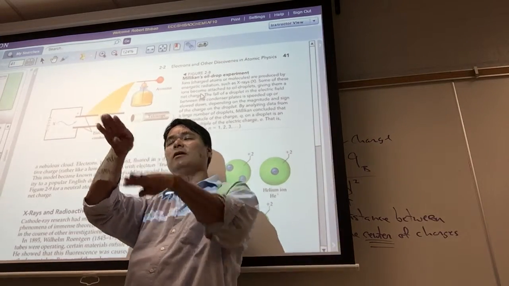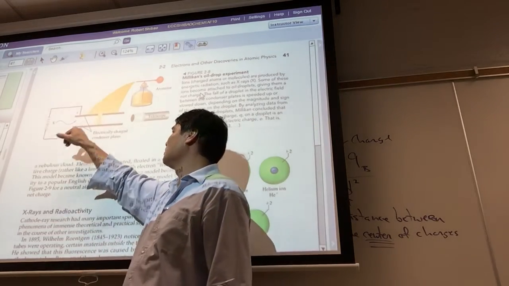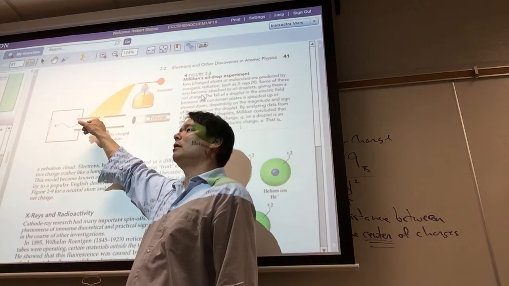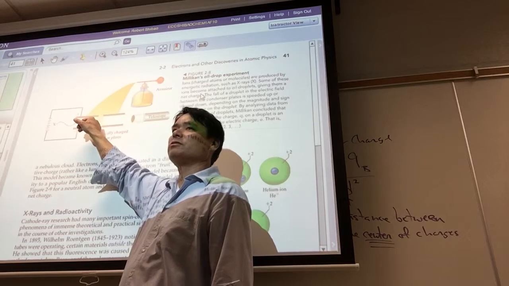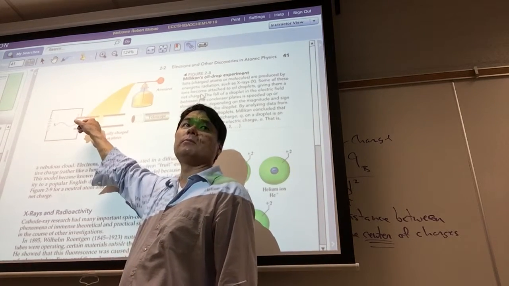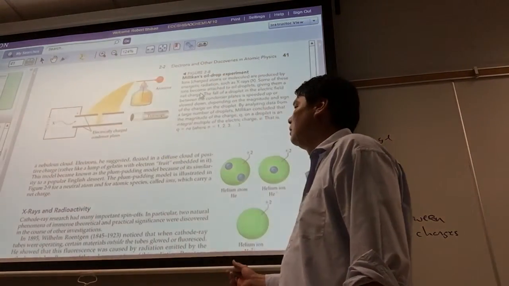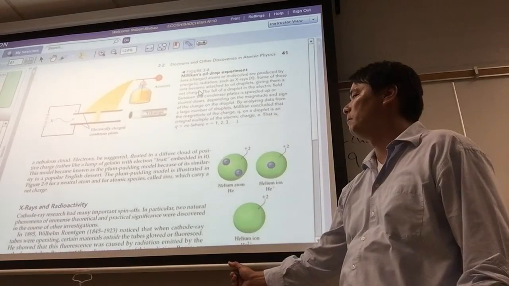If they cancel each other out, the oil drops just stay in one spot. They don't go down, they don't go up. They just float in space. Or they might get pulled up, or pulled down. Based on this, he was able to determine the charge on the electron.